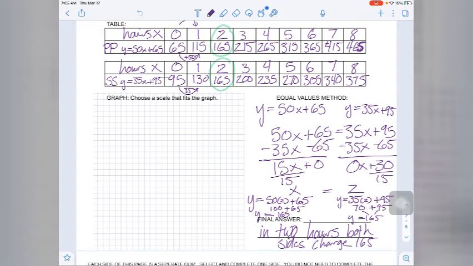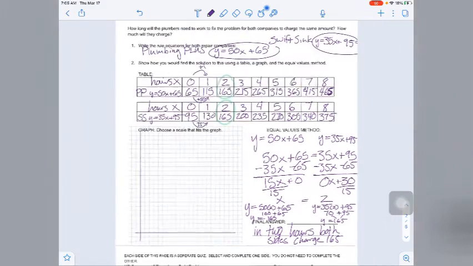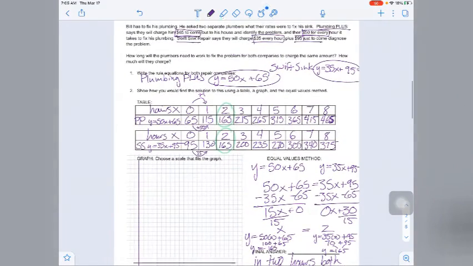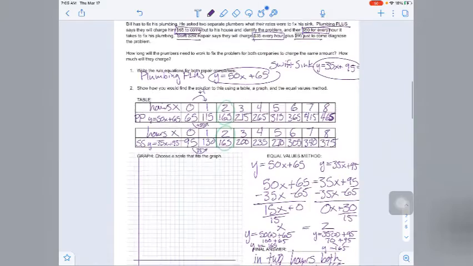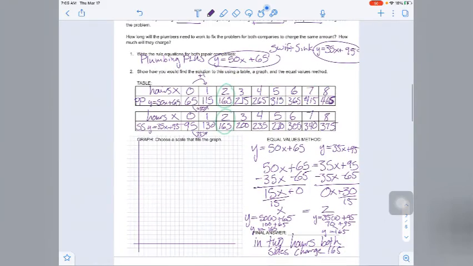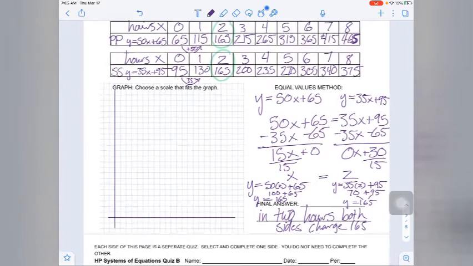So if I was to draw a graph of this system of equations, then I would need an x-axis and a y-axis. That was a y-axis, not an x-axis, and an x-axis as well. I see that we're growing up in the 50s and hundreds range here, so I might do something in the 25s or 50s.